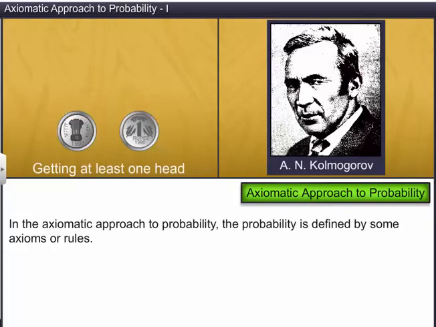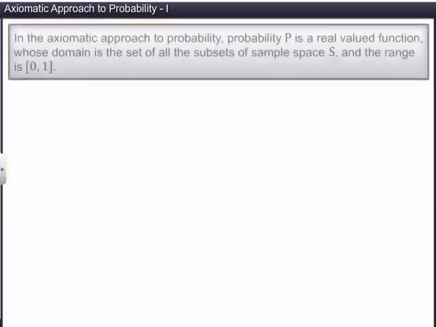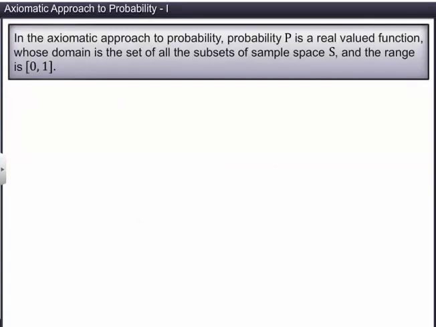According to the axiomatic approach to probability, the probability P is a real valued function whose domain is the set of all the subsets of sample space S, and the range is the interval 0, 1. Here function P satisfies some axioms. Let's take a look at them.